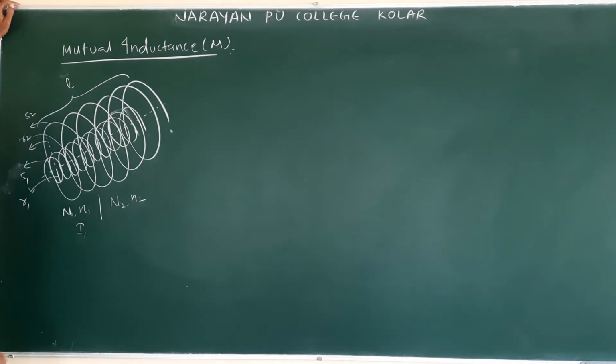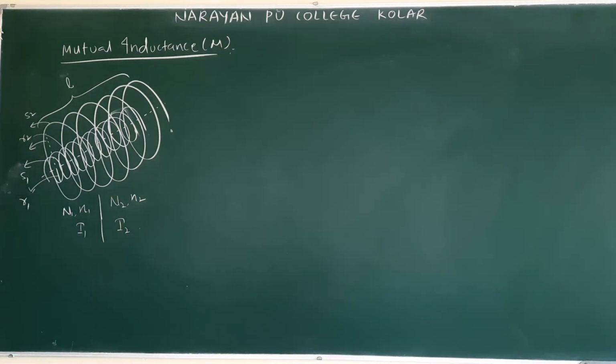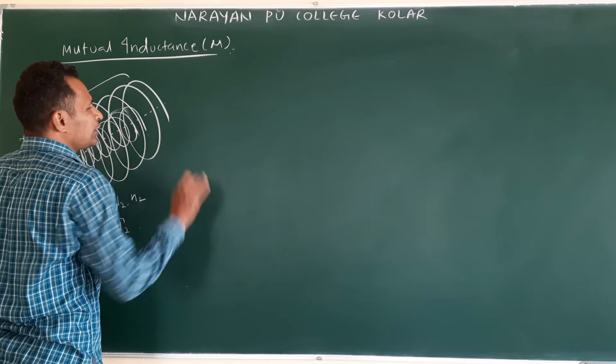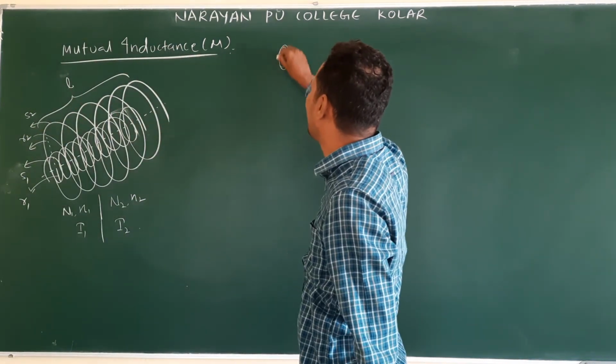I1 is the current in the inner coil and I2 is the current in the second coil. R1 is the radius of the inner solenoid and R2 is the radius of the bigger solenoid. Now, mutual inductance means, if you take two coils, I am explaining generally.